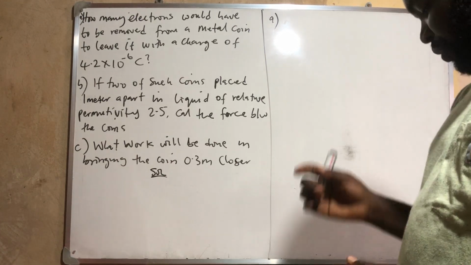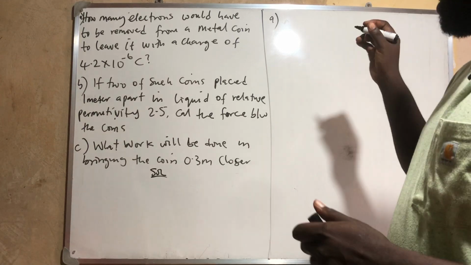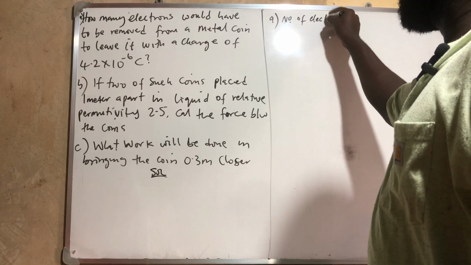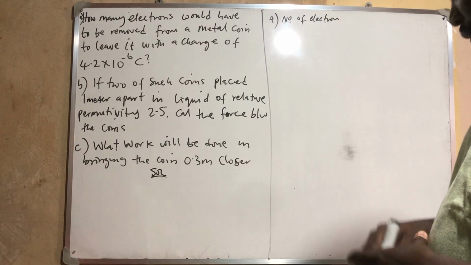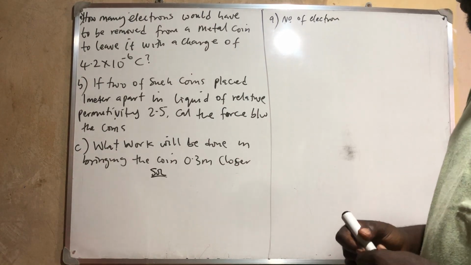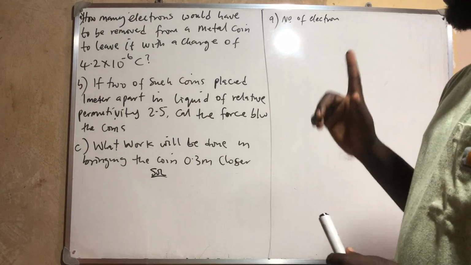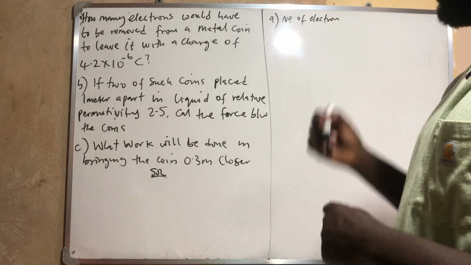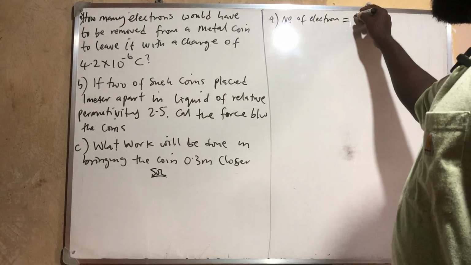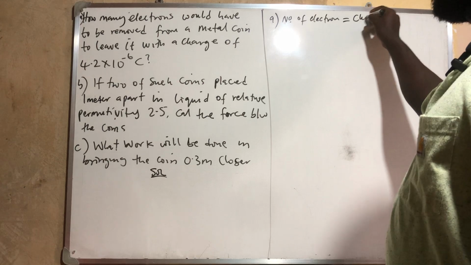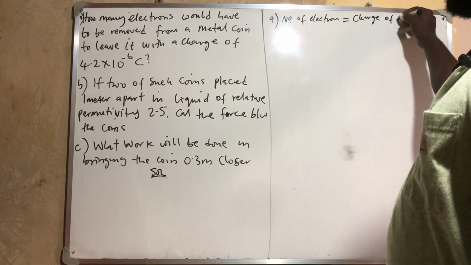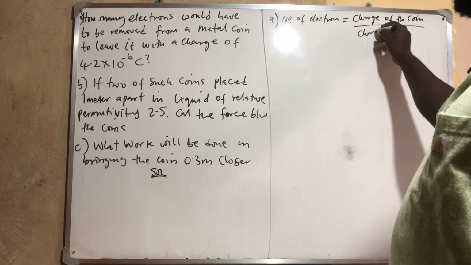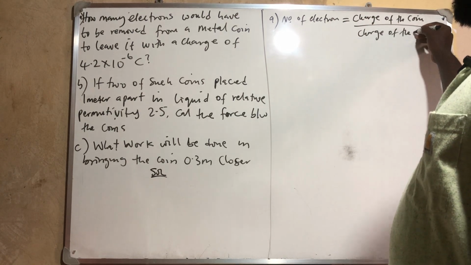The number of electrons to be removed from a metal coin is simply the total charge of the coin divided by the charge of an electron.